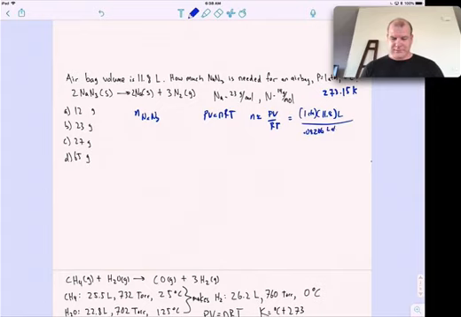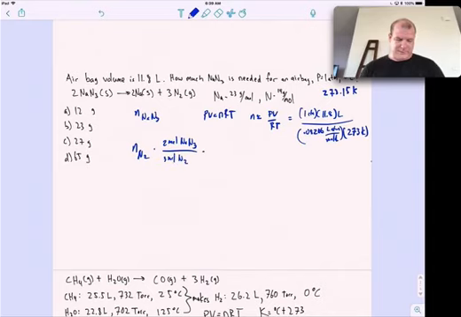R is 0.08206 liter atmosphere per mole Kelvin, and T is 273 Kelvin. Then you get that number of moles of N2, times 2 moles NaN3 over 3 moles N2.